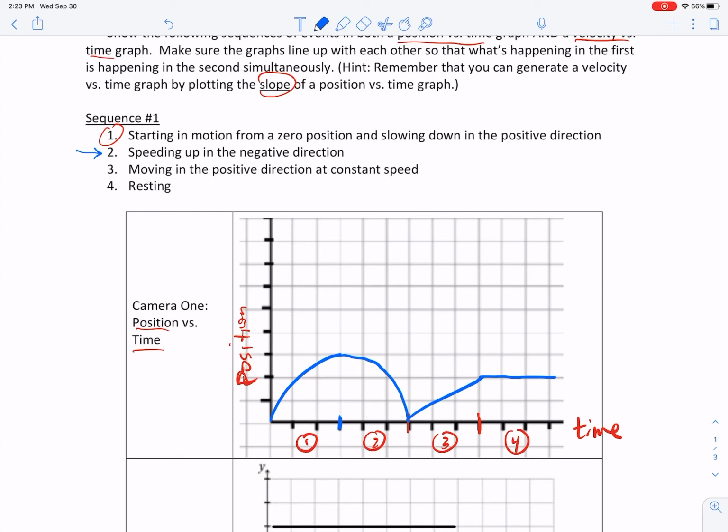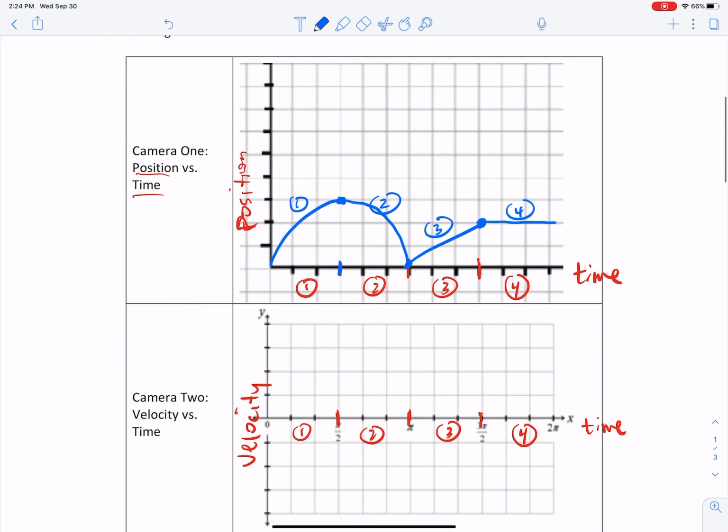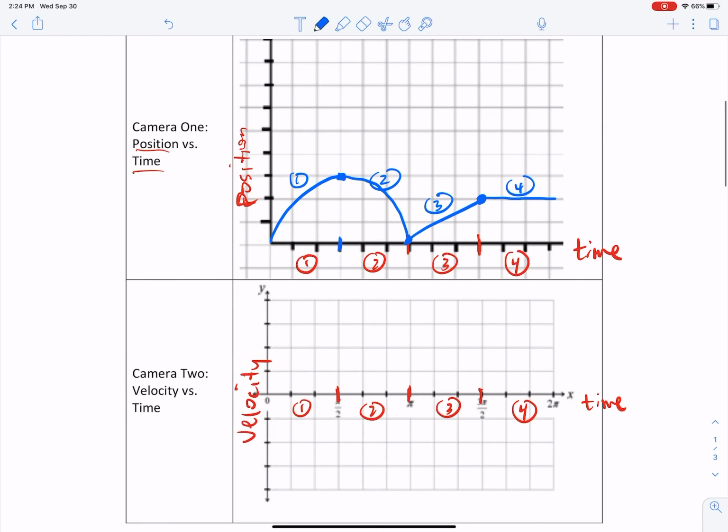Okay, so again, this is 1. This is 2, this is 3, this is 4. And I'm going to show the separation with these dots. Okay? All right, well, what if I showed that same motion in velocity view?